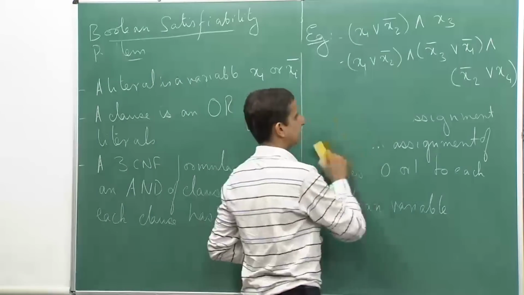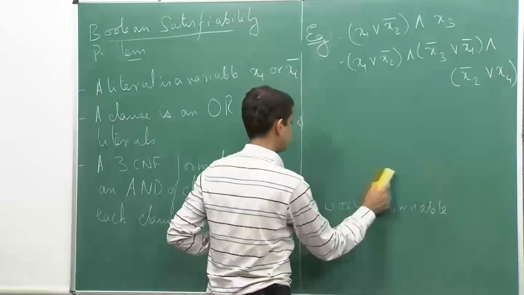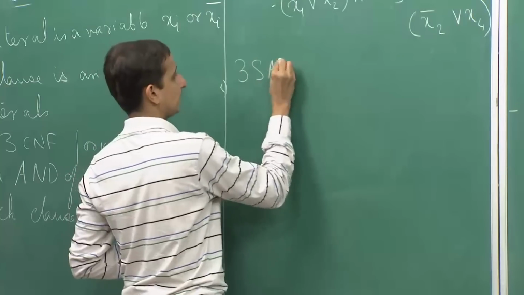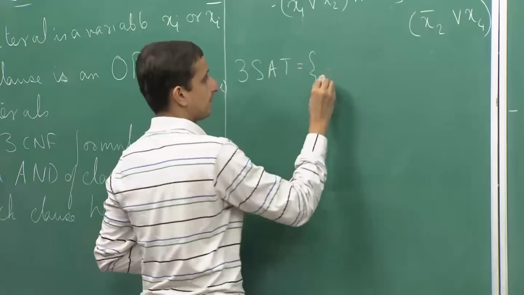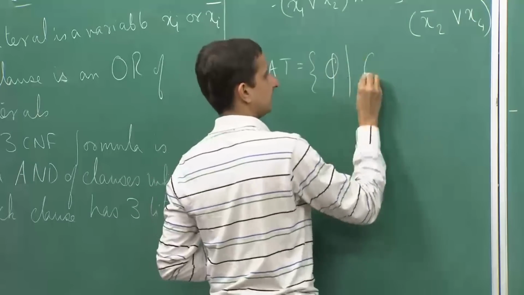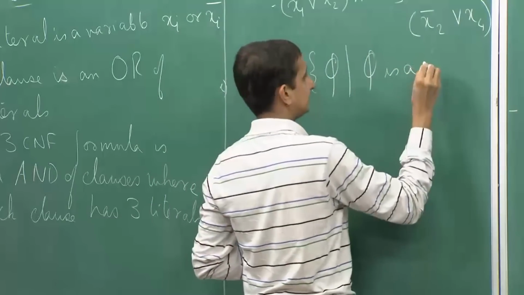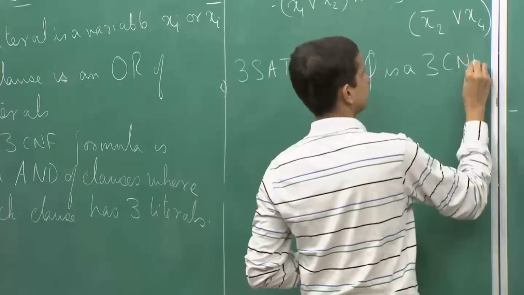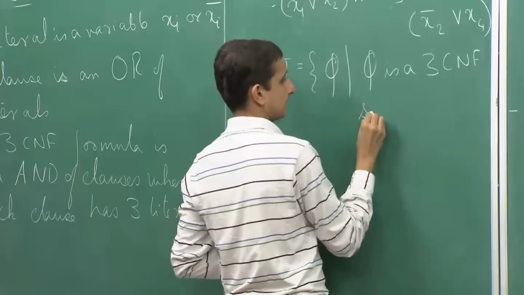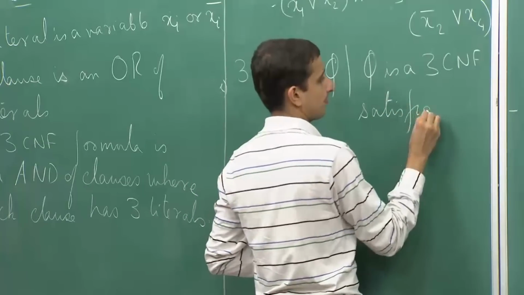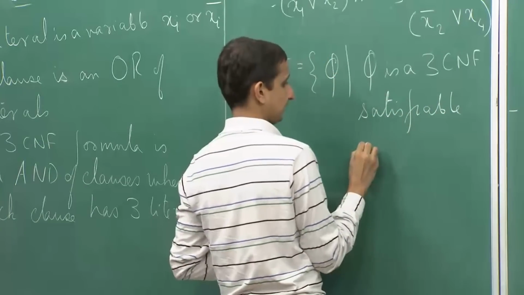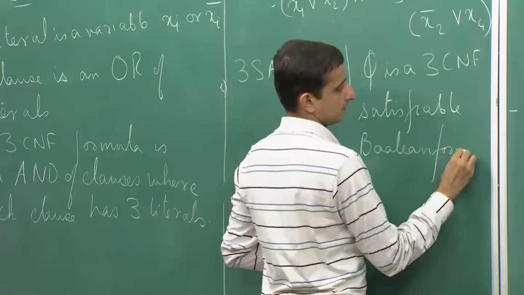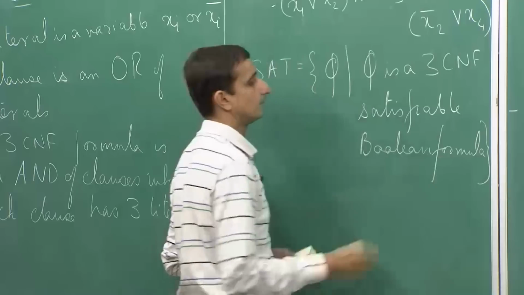And now I can define another problem which is similar to the satisfiability problem. It is known as the 3 SAT problem, which is the set of phi such that phi is a 3 CNF satisfiable Boolean formula.